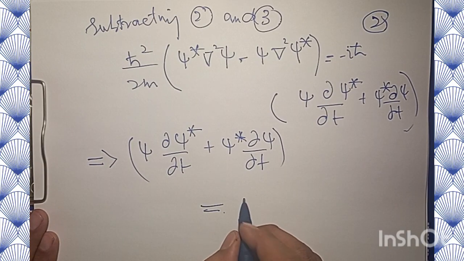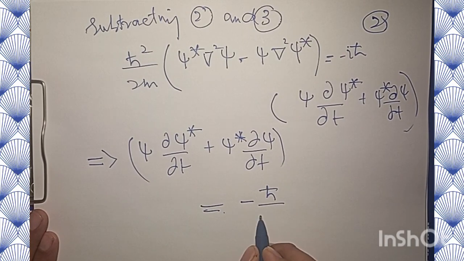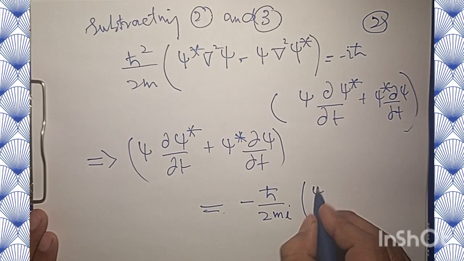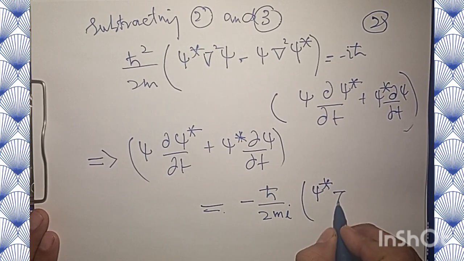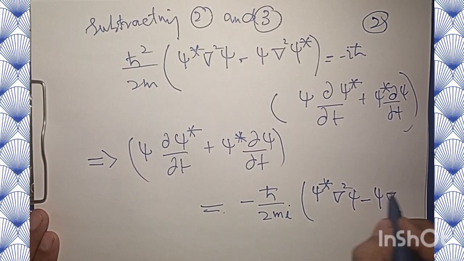What we will have is minus ħ/2mi times (ψ* ∇²ψ − ψ ∇²ψ*).